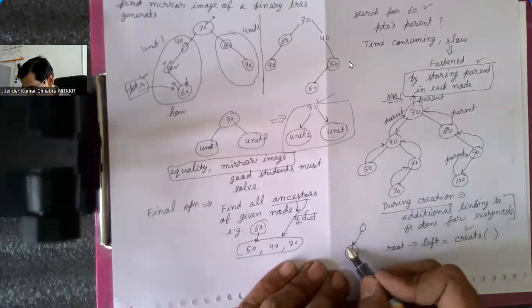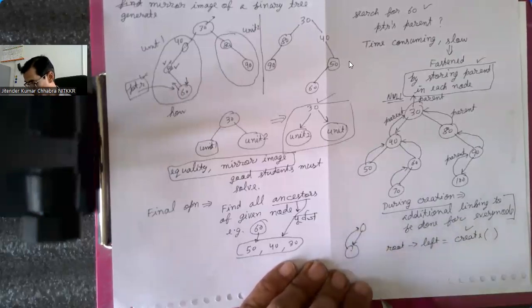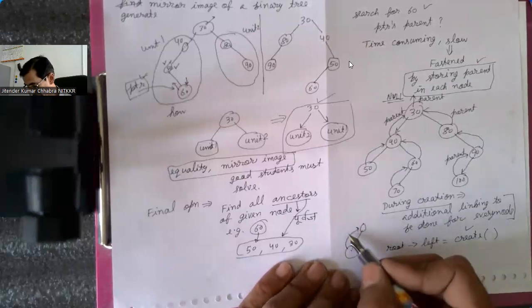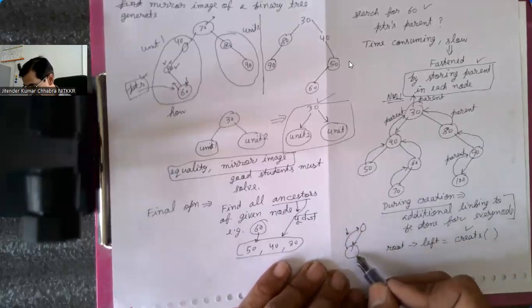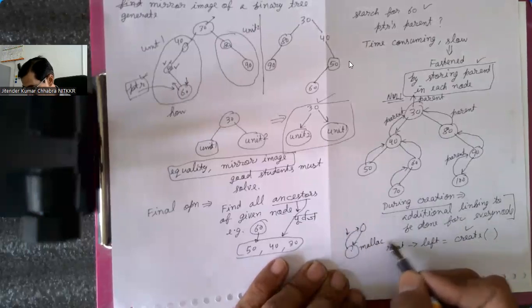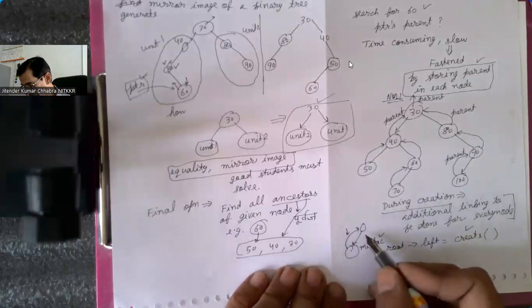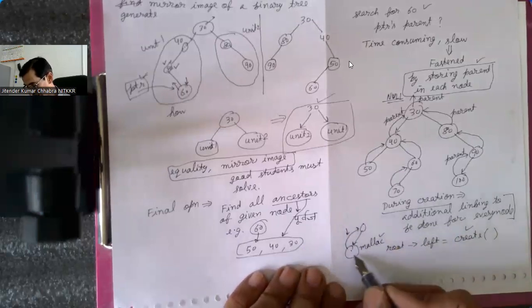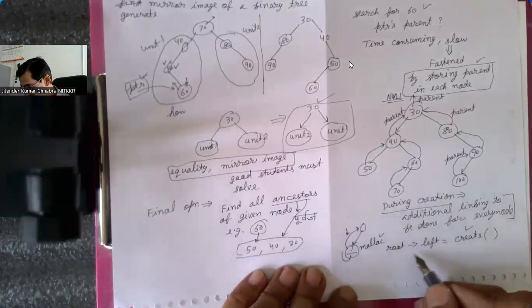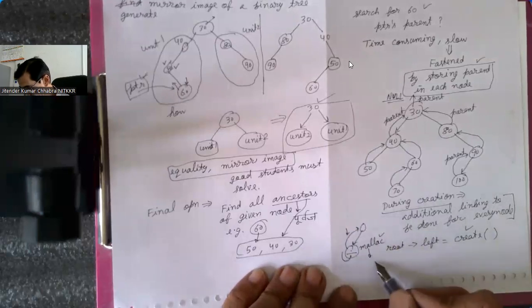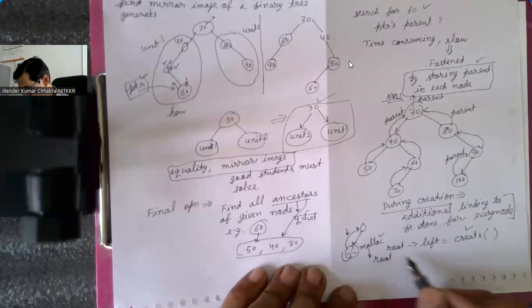Now you want this link also to be maintained. But for maintaining this link, once you create this node, once this malloc is done, only then will the link be possible, because only then your parent link will be available.